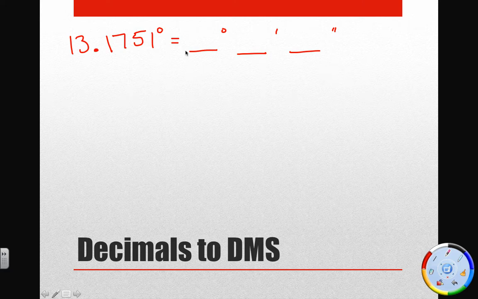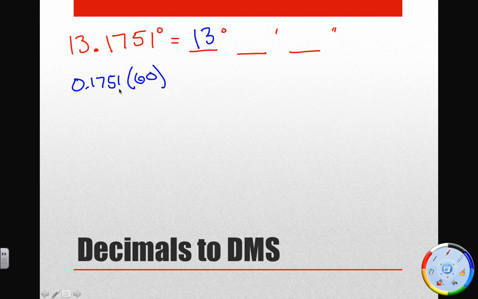Well, I know this has to be 13 degrees. I just have to figure out what the smaller parts are. Well, here's the math that we're going to do. I want to know how much of 60 is 0.1751.